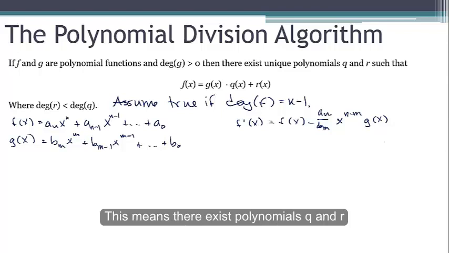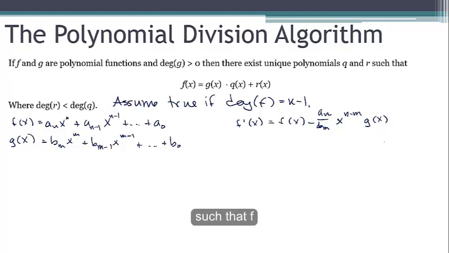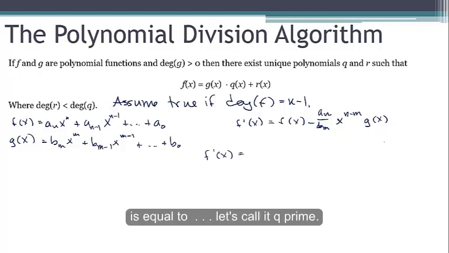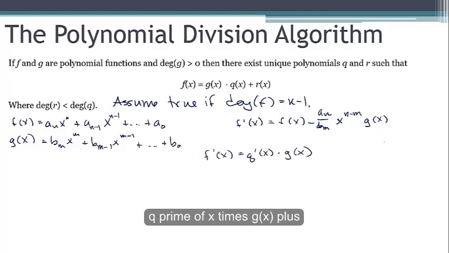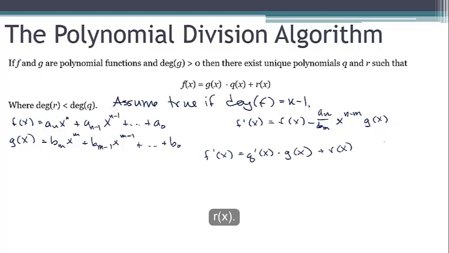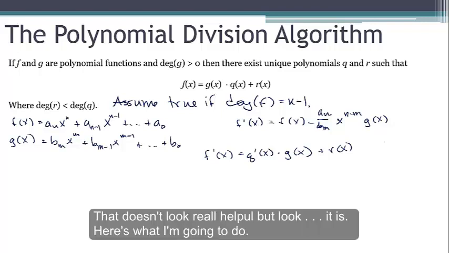All right, so this means there exist polynomials q and r such that f prime of x is equal to, let's call it q prime of x times g of x plus r of x. Okay. So what? That doesn't look real helpful. Okay, but look, it is.